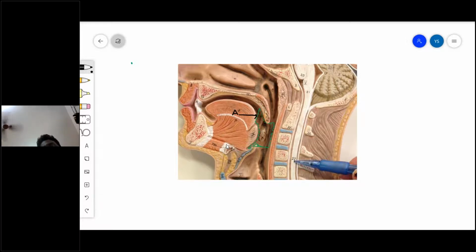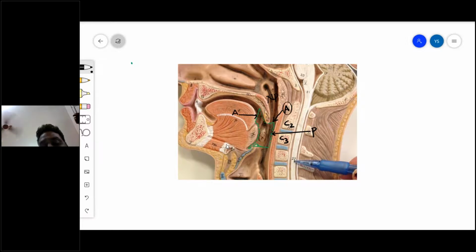Previously, I explained this in the flowchart. Posteriorly it is bounded by C2 and C3 vertebrae. Above, it communicates with the nasopharynx through the pharyngeal isthmus.